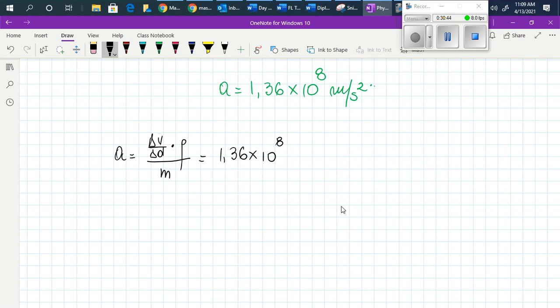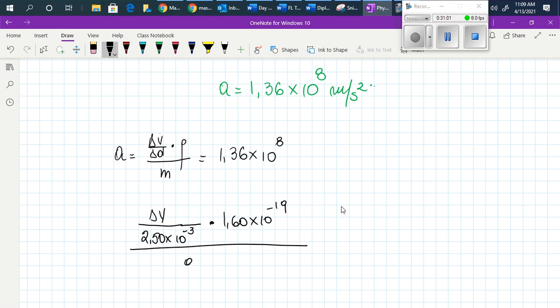So now delta V will be something that we will find, over delta D, which is 2.50 times 10 to the power of -3, times 1.60 times 10 to the power of -19 over 9.11 times 10 to the power of -31, which is the mass of the electron, is equal to 1.36 times 10 to the power of 8.